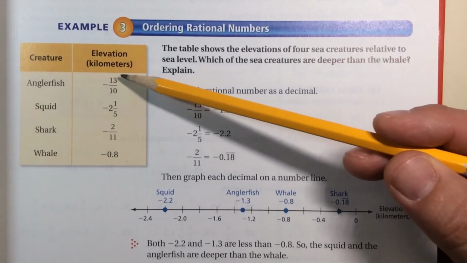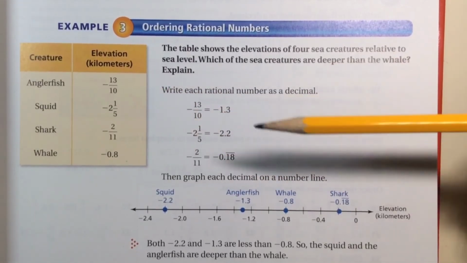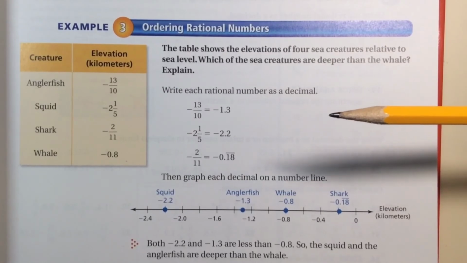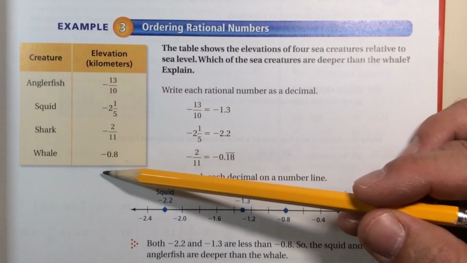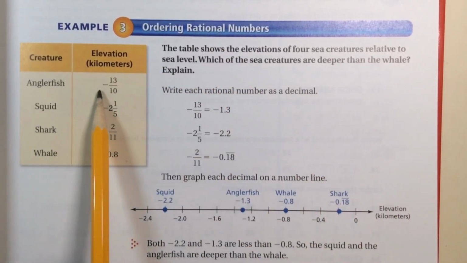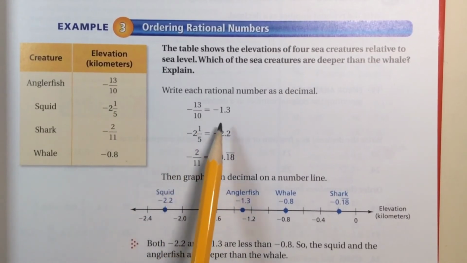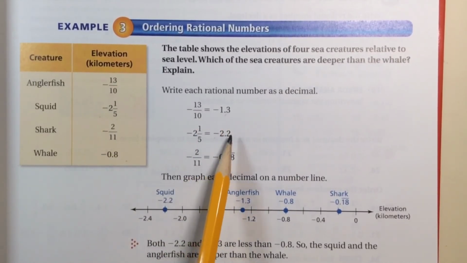Easiest thing to do is turn them all into decimals, because putting decimal numbers in order is a whole lot easier than ordering fractions. So we're going to turn all of these into a common representation. Negative 13 over 10 is negative 1.3. Negative 2 1/5 is negative 2.2.